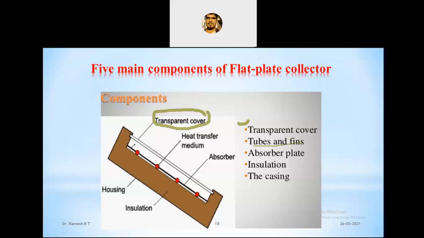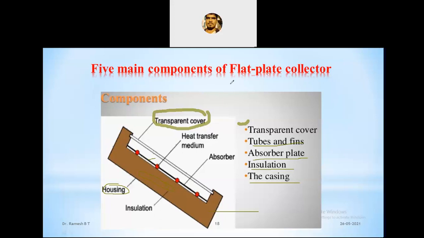Here there is a tube fin, absorber plate, insulation and the casing. This is the housing or casing, and this is called insulation, and this is the absorber plate, and the heat transfer media, which is surrounded by tubes. Tubes or fins we are using. So these are the important components in the flat plate collector.